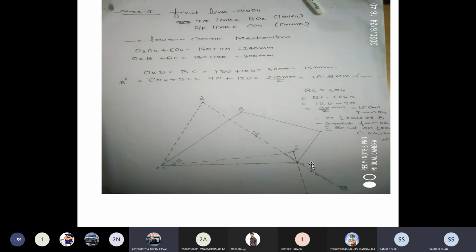Sir, that vertical line passing from B double dash and O4. It may be 30 mm. Sir, is it perpendicular to O2O4 or not? Yes, sir, exactly. It is intermediate between, you can see here, this output line and this dotted line.